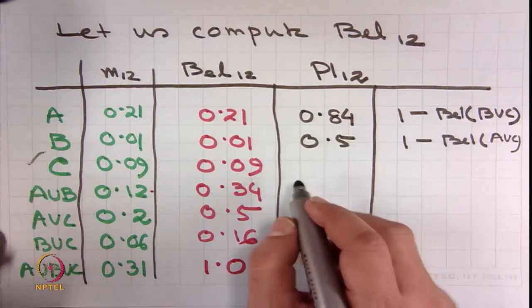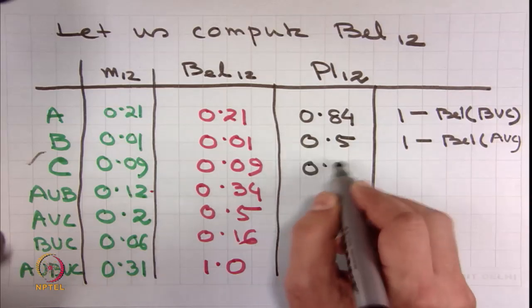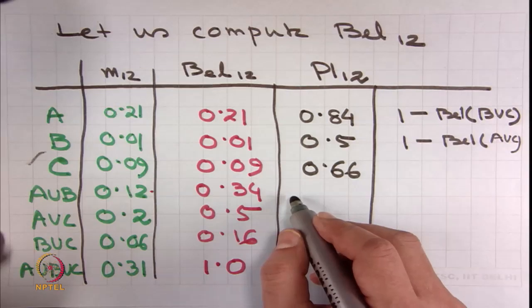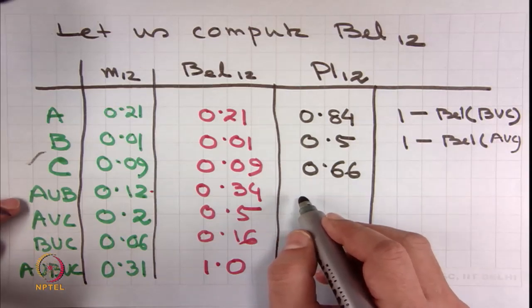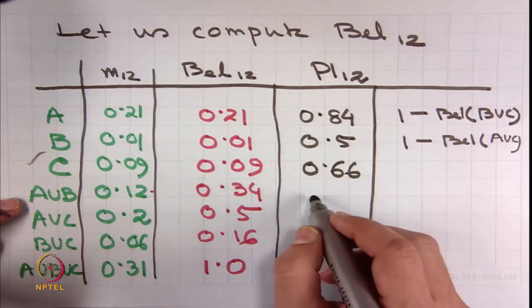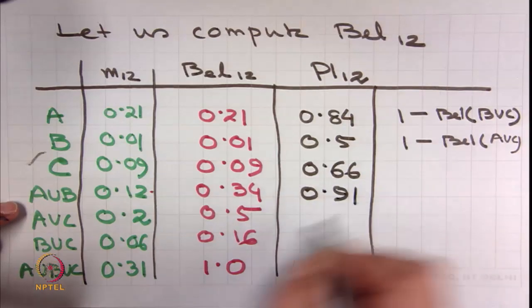In a similar way, you can calculate here it is going to be 0.66, and here, since it is A union B, we have to subtract 0.09. So, it is going to be 0.91.